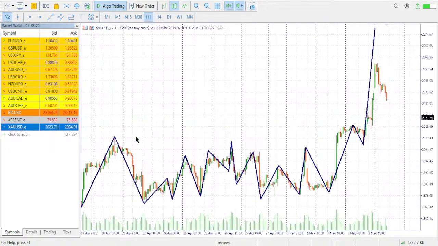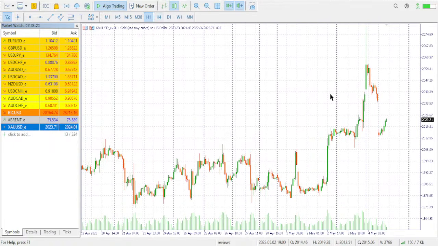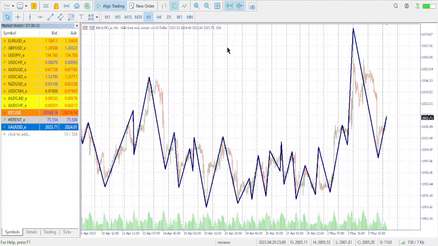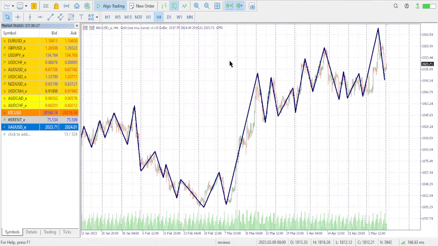The other chart is gold. So it looks like gold went upwards, back and forth, but as it is now, the price is actually consolidating.